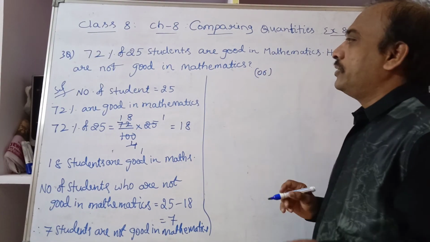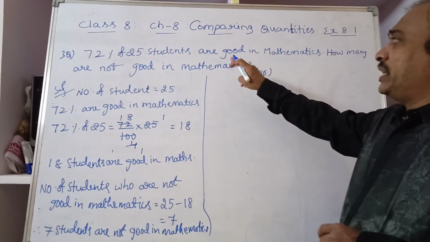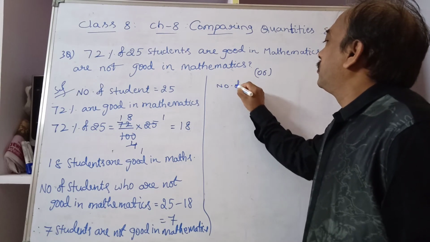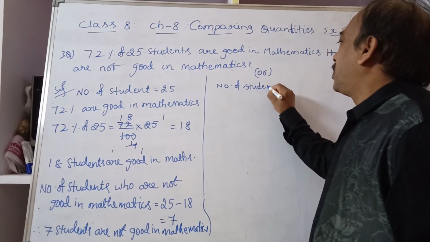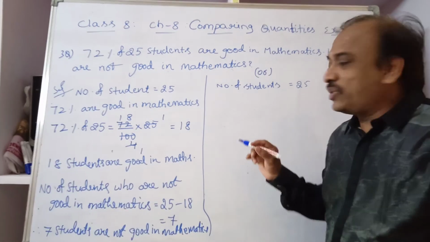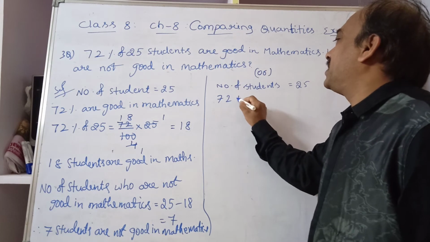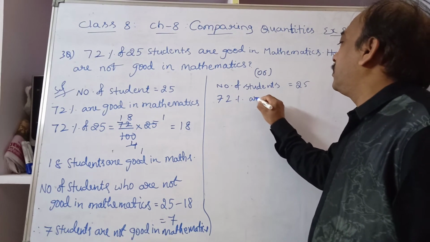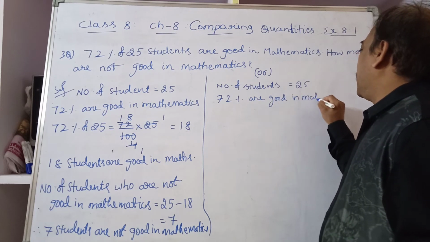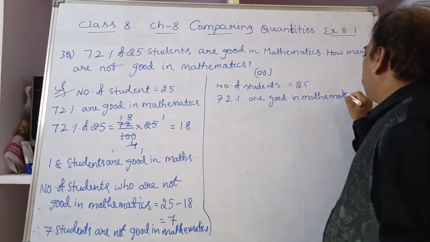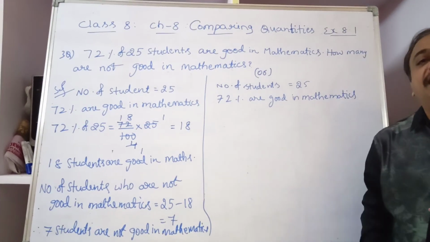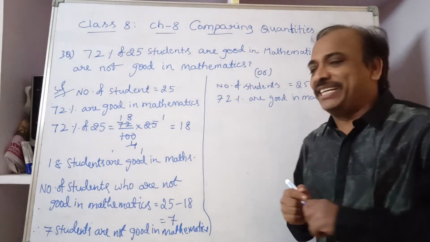Now you see, 72% of 25 are good. So number of students is equal to 25. What percentage is good? 72% are good in mathematics. That means which percentage is not good? 100 minus 72.